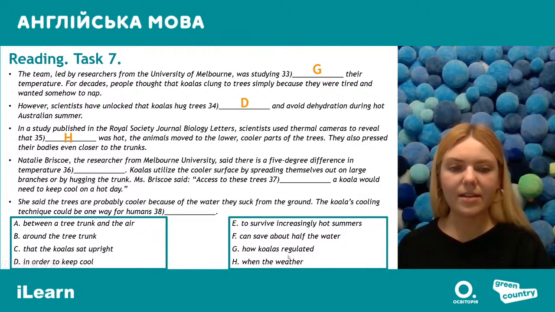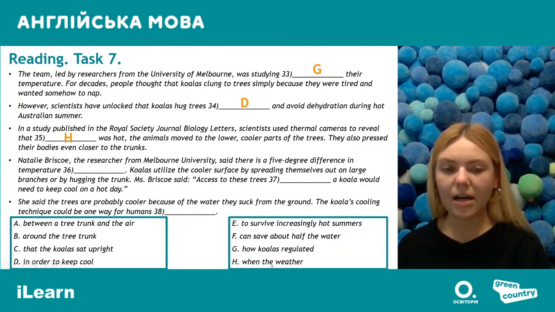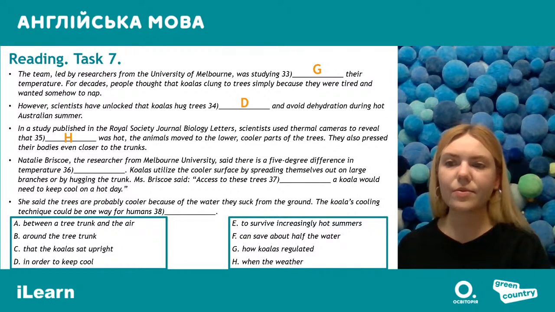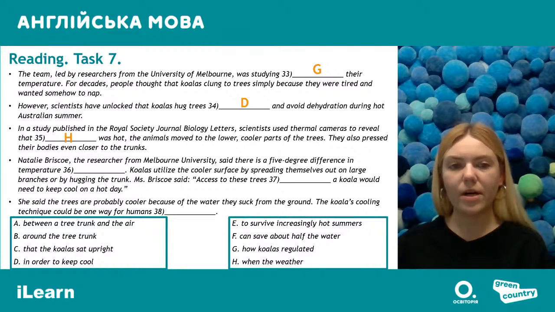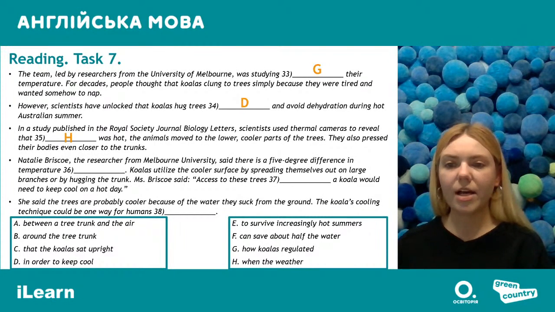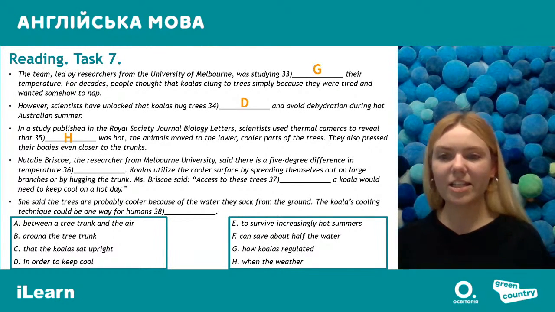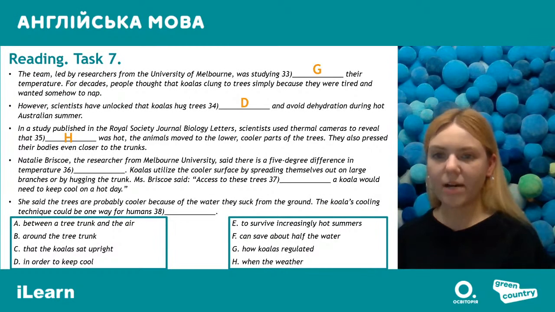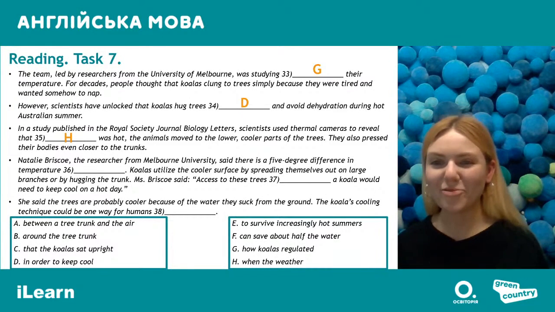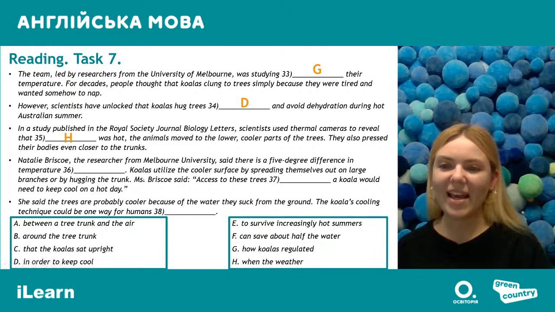So we have the weather, that is an uncountable noun, and after that we have was hot. And that is also good in terms of the meaning. So it says that when the weather was hot, the animals moved to the lower, cooler parts of the trees. Тобто, коли погода була жаркою, вони, тобто коали, більше займали місце на нижніх частинах дерева. So we look at the grammar, but also the meaning. Meaning and logic is also important in this task.